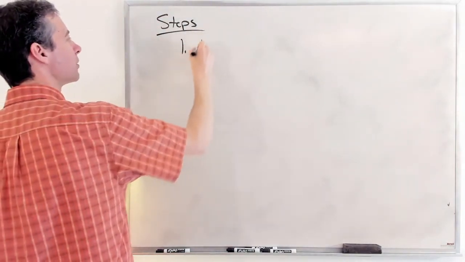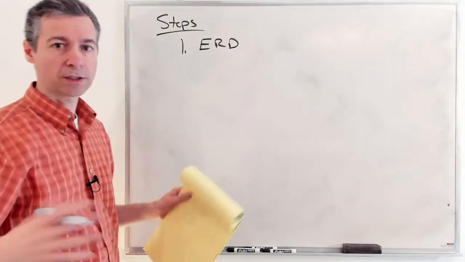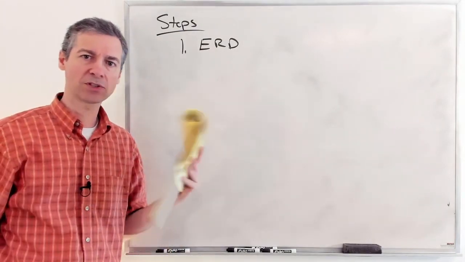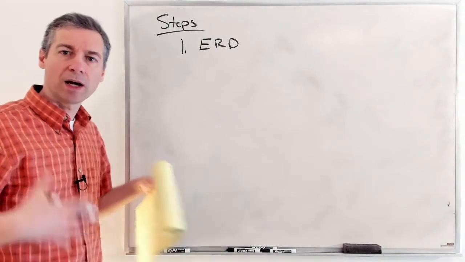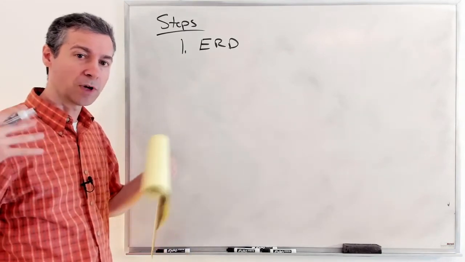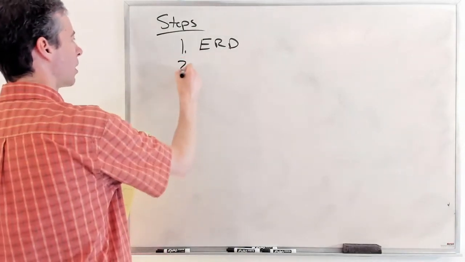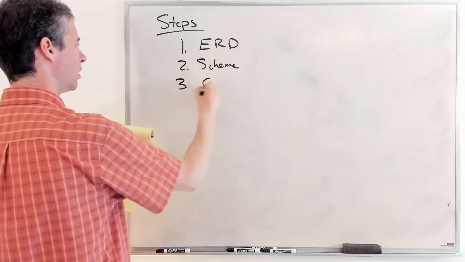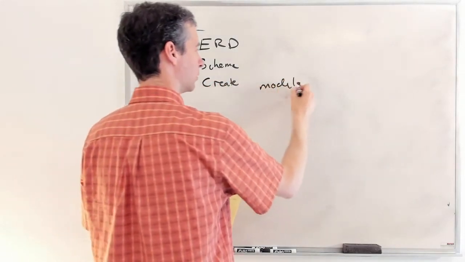Besides the earlier steps of talking to the customer, figuring out the problem, what they really need, making mock-up diagrams, and understanding what it is that we're supposed to be building, once we have an idea of what we're going to build, we move on to how to implement that. So we work on our entity relationship diagram. We convert it to a schema. Then we create models and migrations.